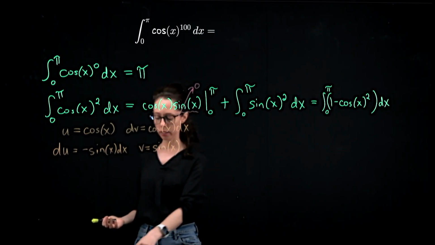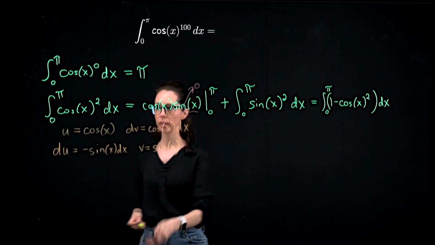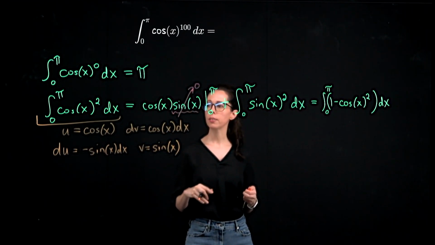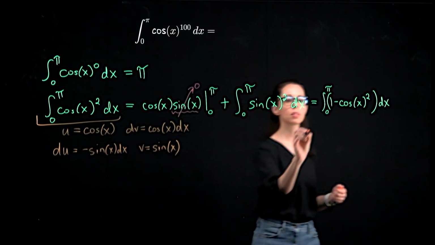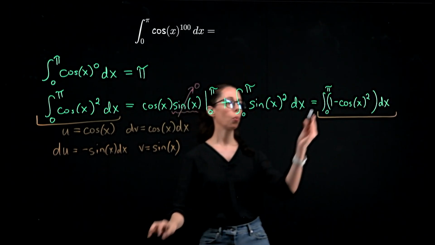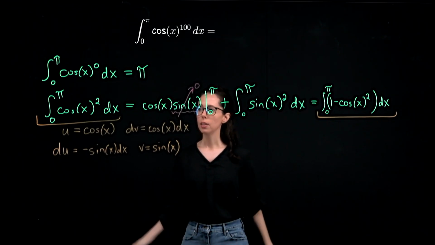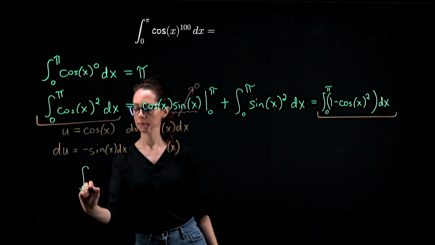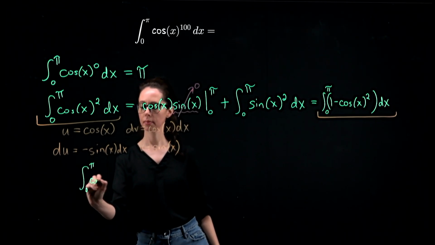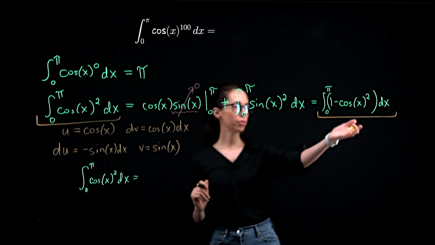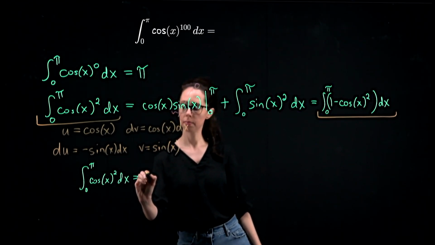So our example computation is now the definite integral of the cosine function squared from 0 to pi equals the definite integral from 0 to pi of 1 minus cosine squared. So let me rewrite this down here. And as I do so, I'm going to break this up into two integrals.